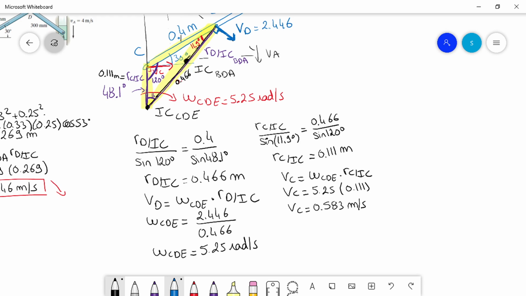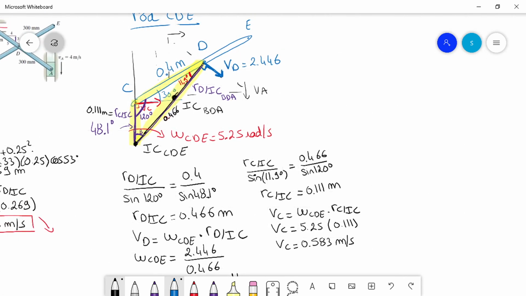We are almost there. Point E. Let's draw again the rod CDE. Point C, point E. Okay, we know the position of the IC. We know that the IC is 0.111 below C. We know that this angle is 120 degrees.